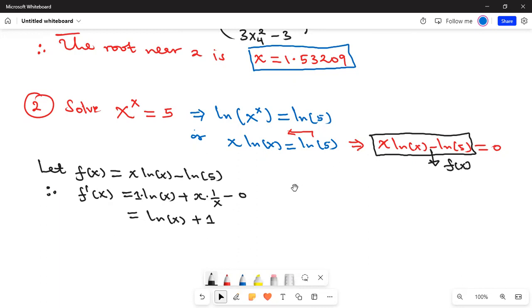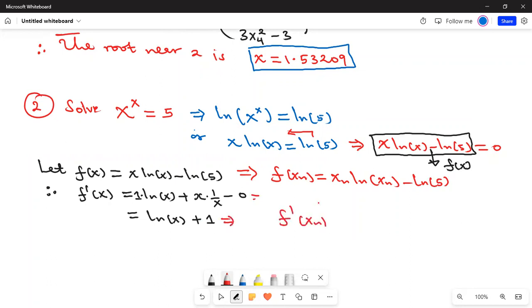Now, what is the iterative formula? From here, we can get f of xn to be equal to xn ln of xn minus ln 5. And this other one will give us f prime of xn. That should give us ln of xn plus 1.